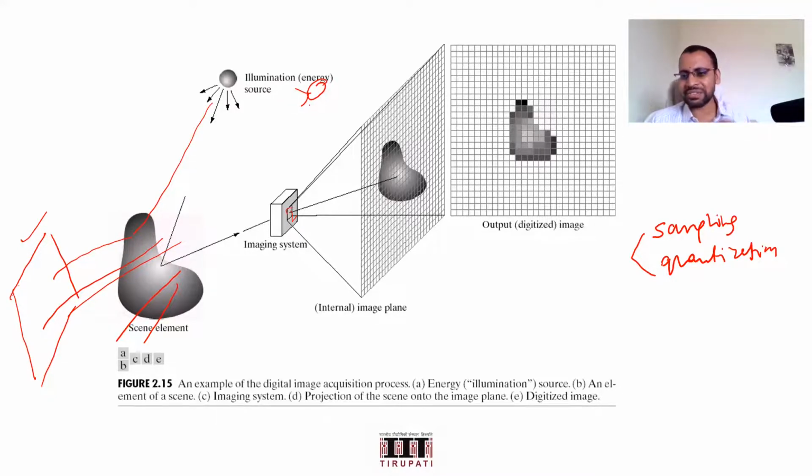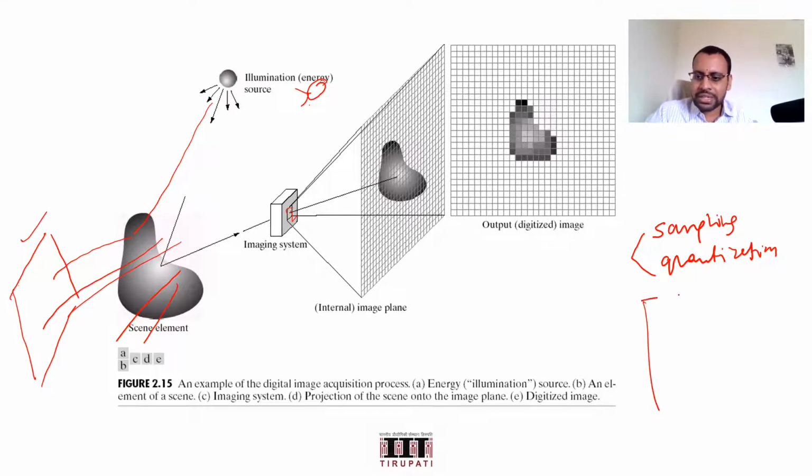Now, given these keywords, I want others to give it a try. What perhaps could be the meaning of sampling here? Would somebody like to give it a try? Just keep in mind how a sensor is there in a camera. The sensor cannot be at a single point.